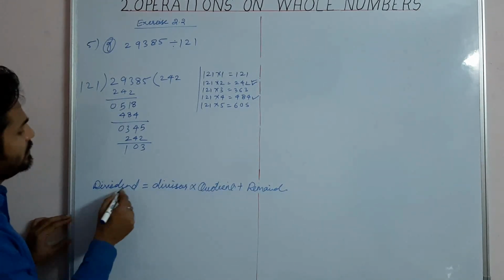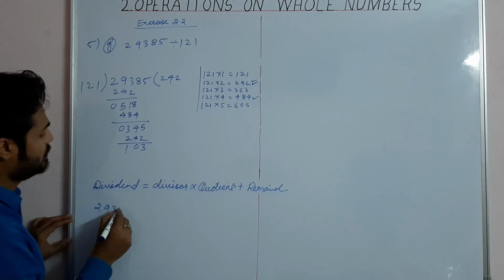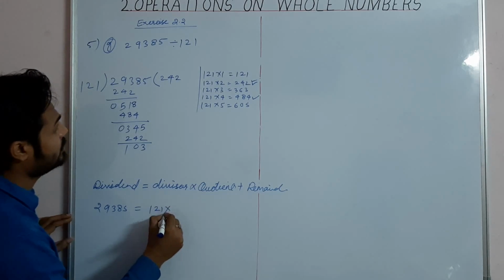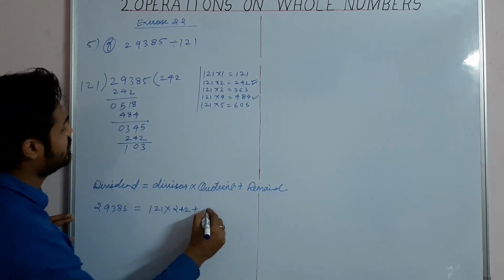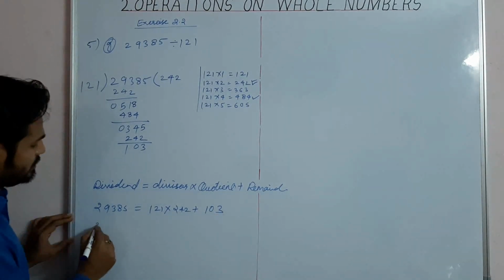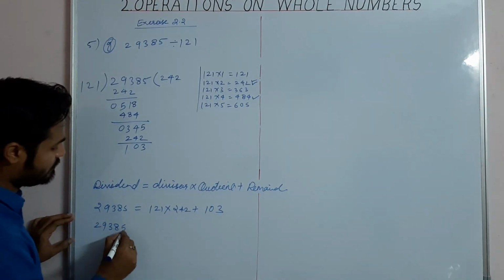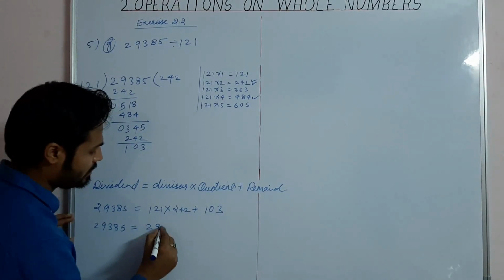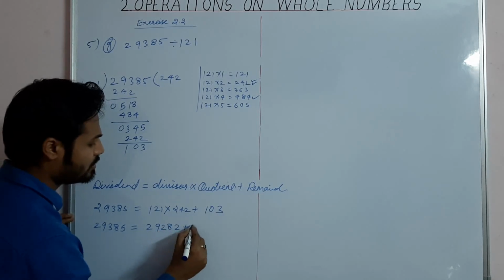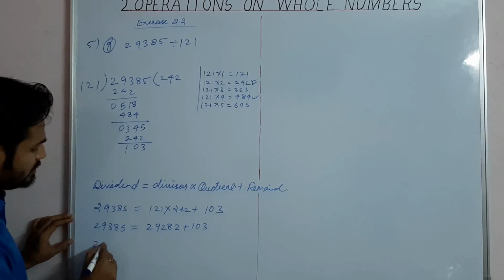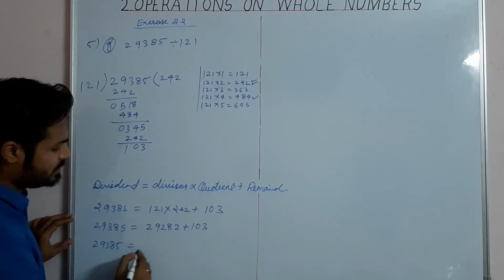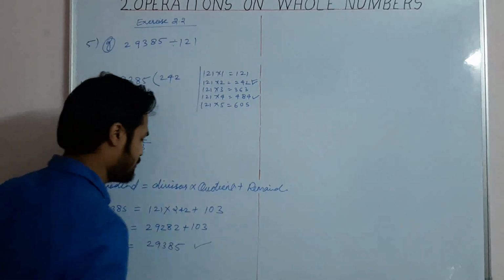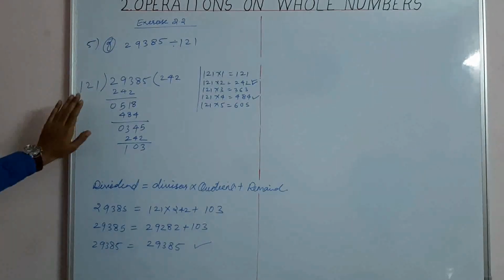Now putting values, dividend is 29385, divisor is 121, quotient is 242 and remainder is 103. 29385 is 29282 plus 103. 29385 is equal to 29385. So this is the verification of this division.